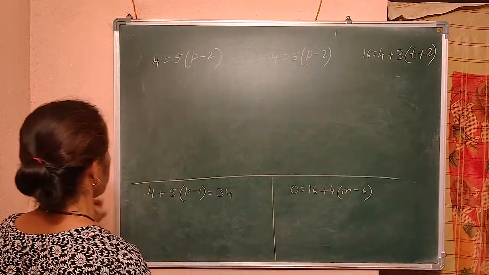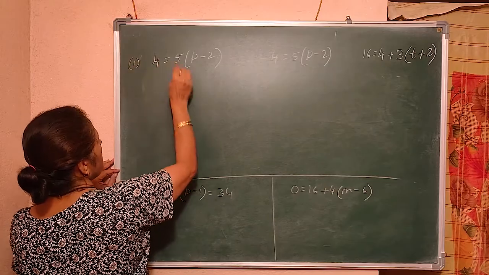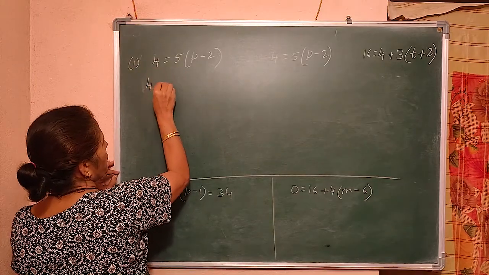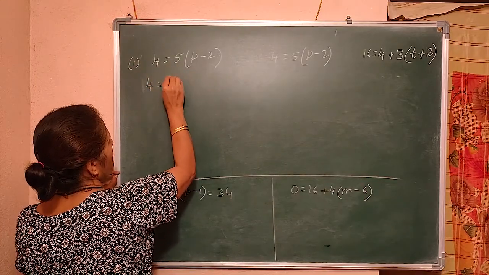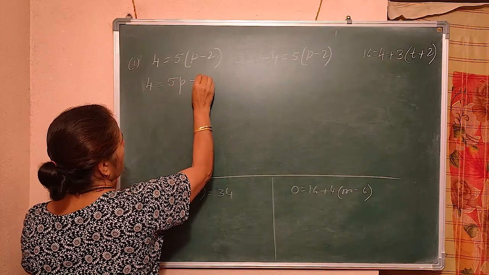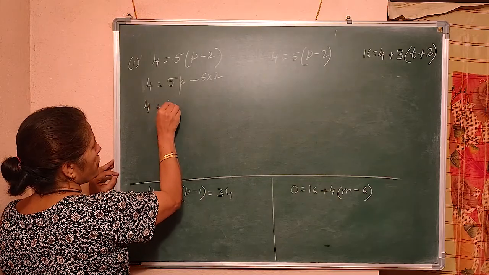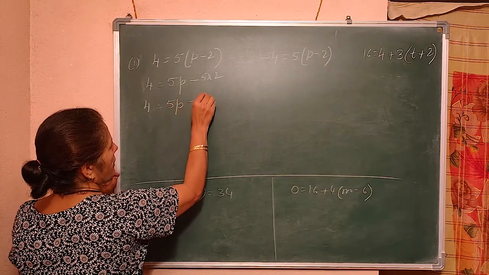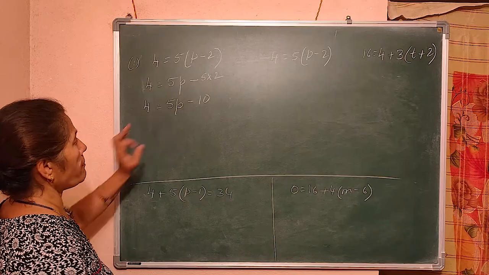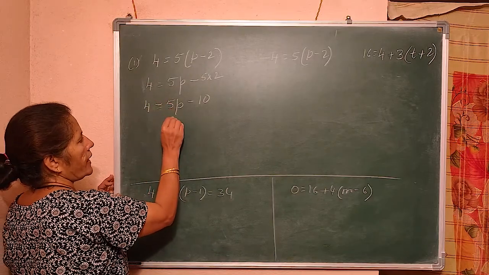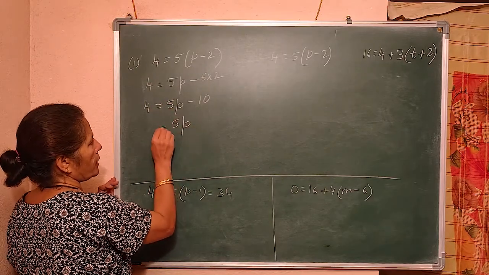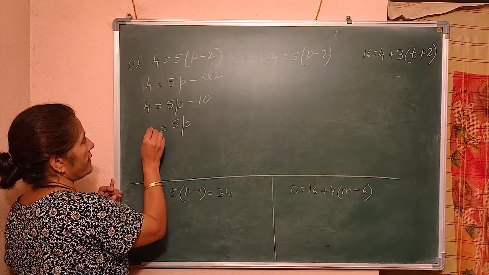The next few questions. First one, 4p is equal to take the bracket, 5p minus 5 into 2. Correct? So 4p is equal to 5p minus 5 2s are 10. See, 5p is here, let that be there only. 5p is equal to 4 is here, right?